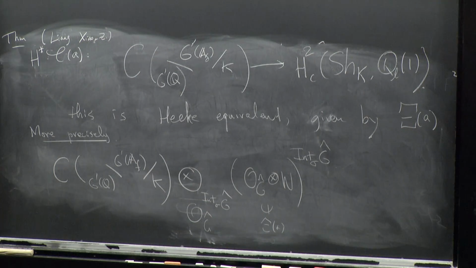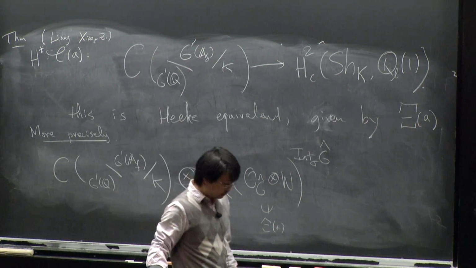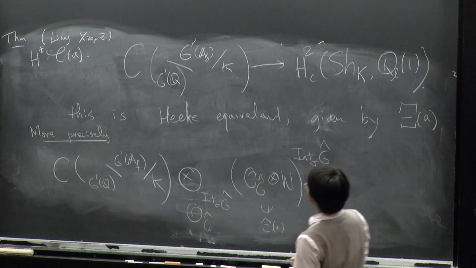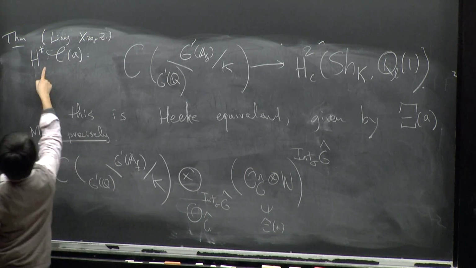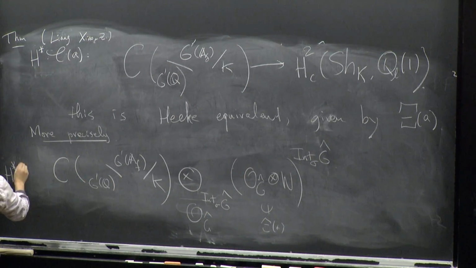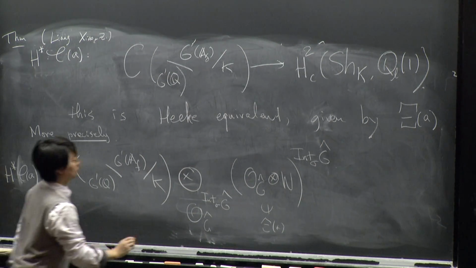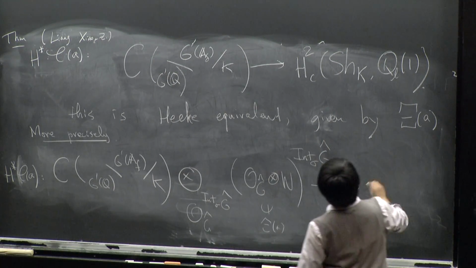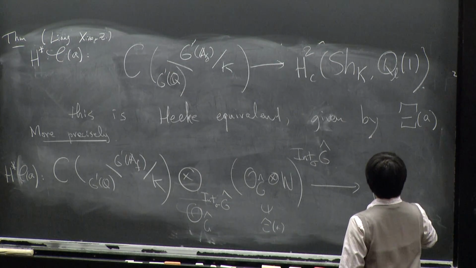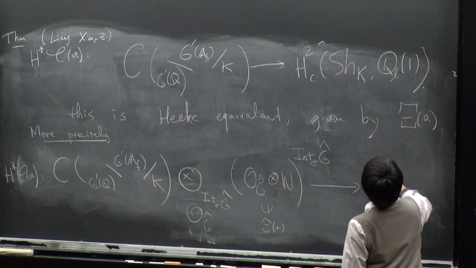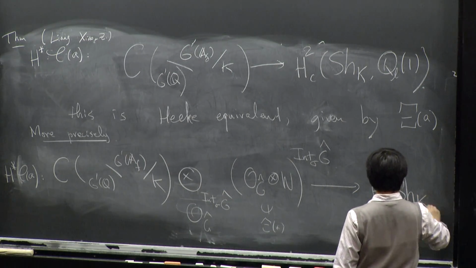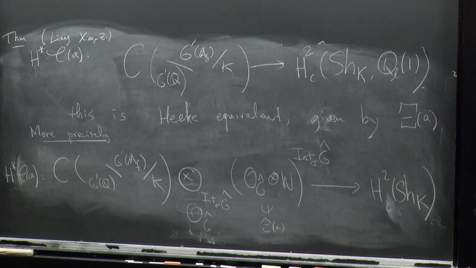So it turns out there exists this cycle class map, this cohomological correspondence, which in fact induces a map like that, satisfying two conditions.